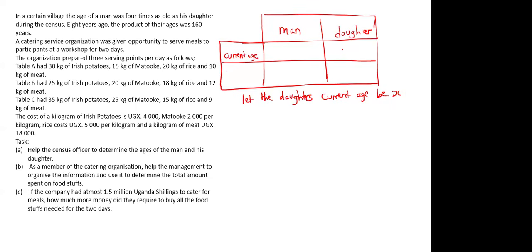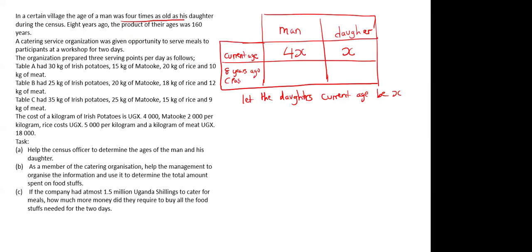Now, if the daughter is currently X, the father is going to be 4 times as old as his daughter. In the chart, what will be the father's age? Very good, the father's age is going to be 4x. Now, they have told us 8 years ago. Ago means past.